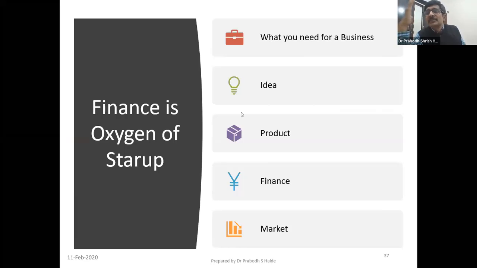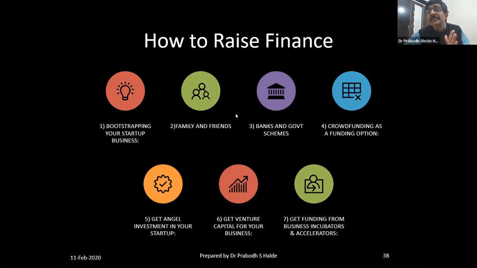In a startup, the main question comes: where is the money? But do not worry, there are so many things which can give you the money if your idea is good. Money is like oxygen, and to get the money, first start with your own pocket.